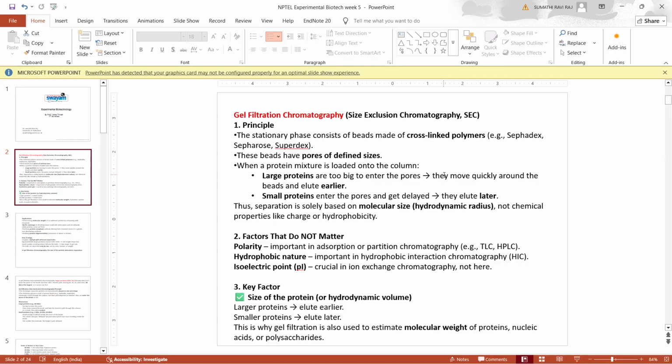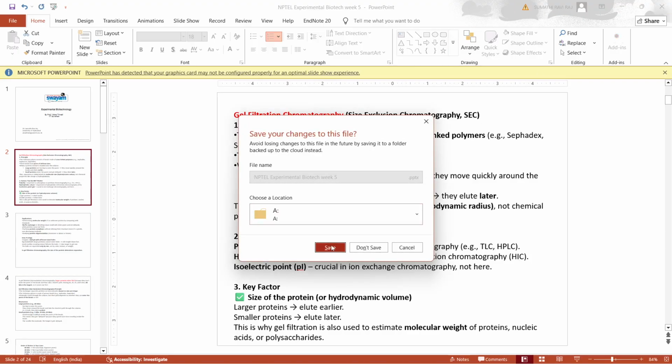Just take some time, understand the concept, read the PPT, go through the PDF, watch some videos if you can. There might be some animated videos of how proteins go through. It will be easier for you to visualize and understand it. Okay, so I think it is done.